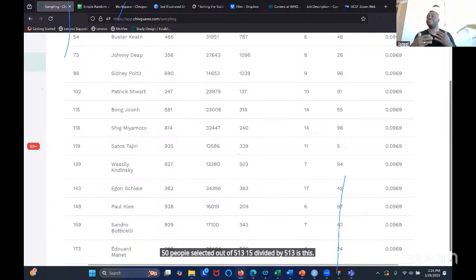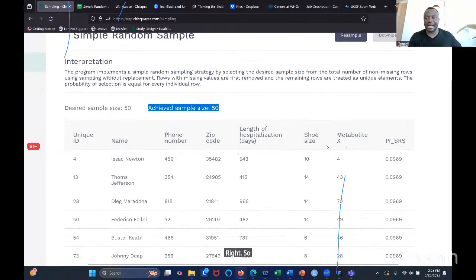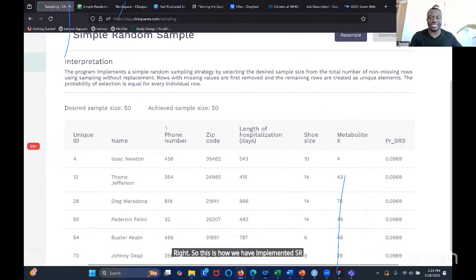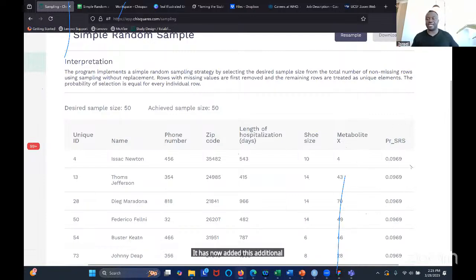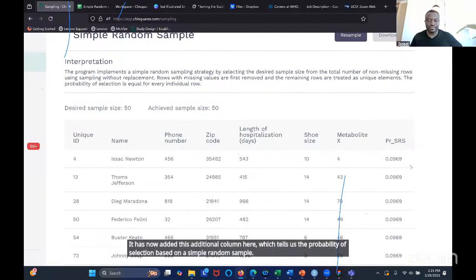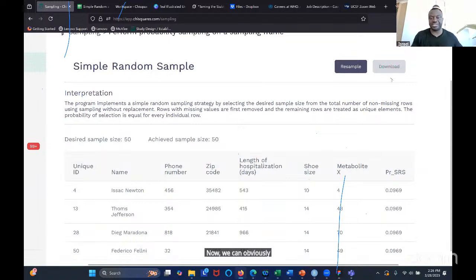You shouldn't even need to look at the software to know what to expect. So this is how we have implemented SRS. This is the same data set that we had. It has now added this additional column, which tells us the probability of selection based on a simple random sample. We can obviously download that as a spreadsheet and use it in our work.